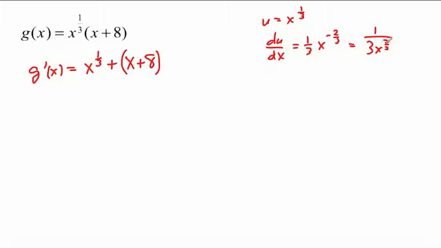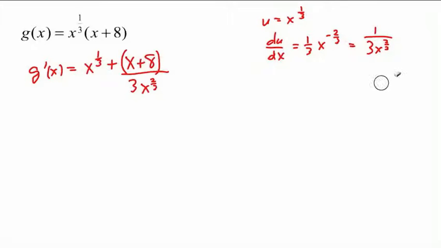I'm going to leave it in exponential form for right now to make my math a little easier. So I need to multiply this by 1 over, and I might as well just put it all over 3x to the 2/3.